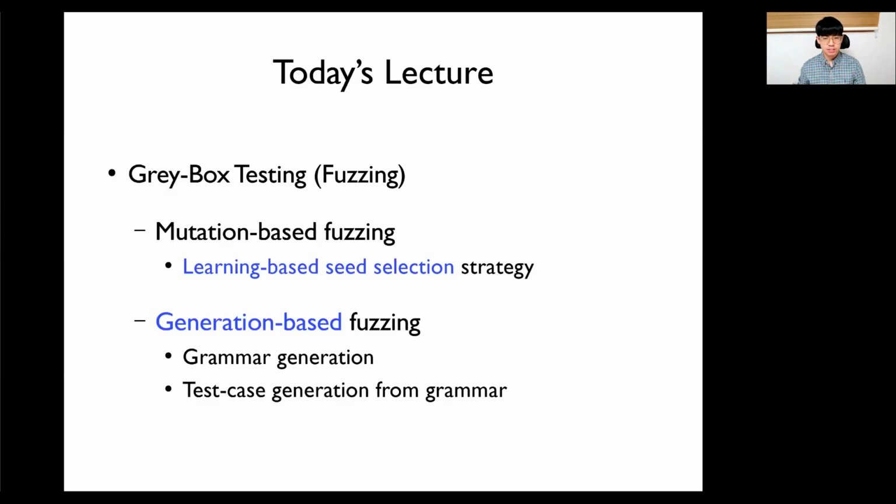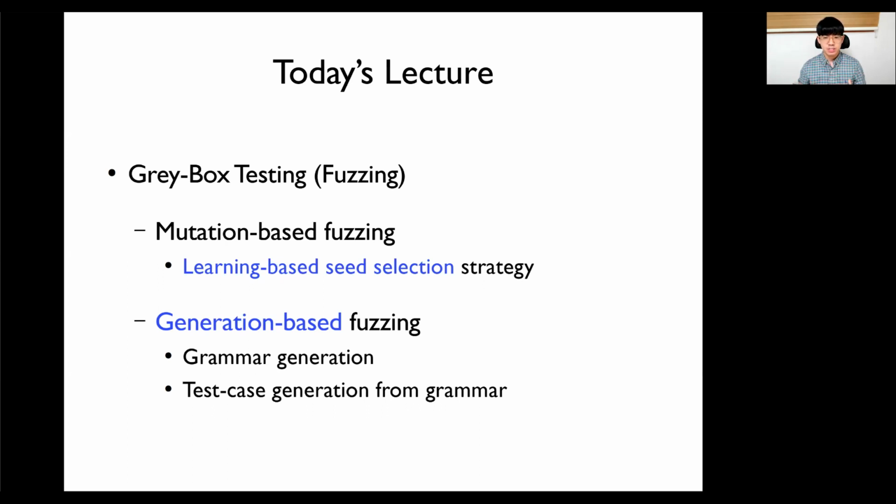In today's lectures, I will start by introducing a well-known research topic for mutation-based fuzzing, which is learning-based seed selection strategies, and then move on to another approach for gray box testing, called generation-based fuzzers.